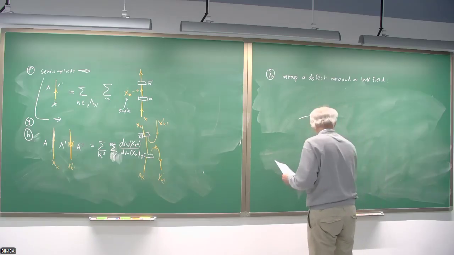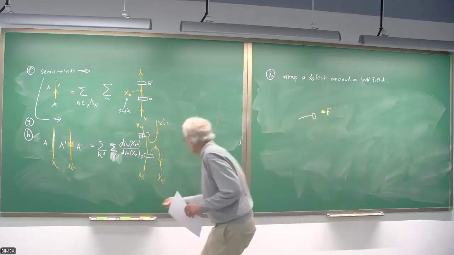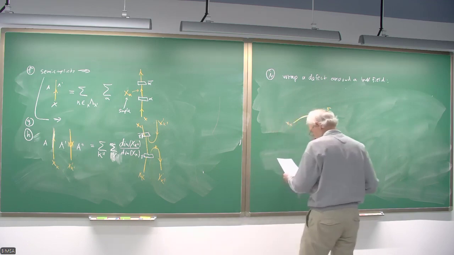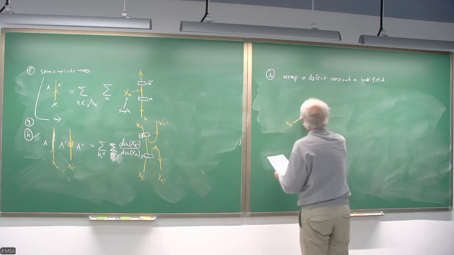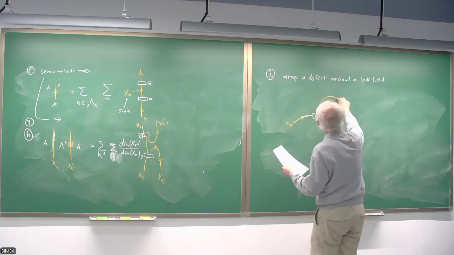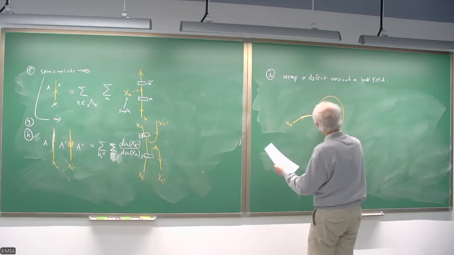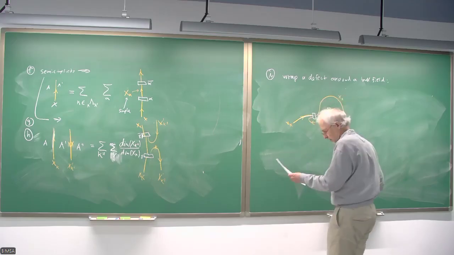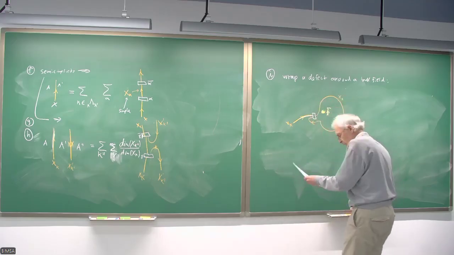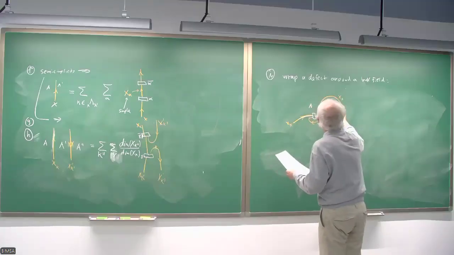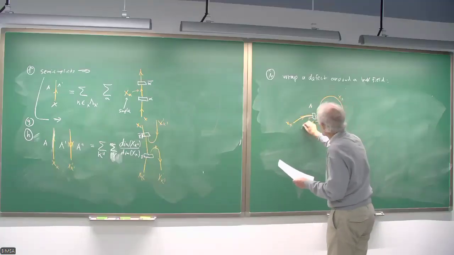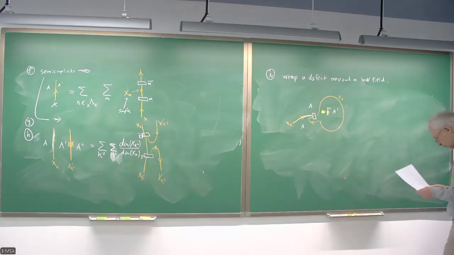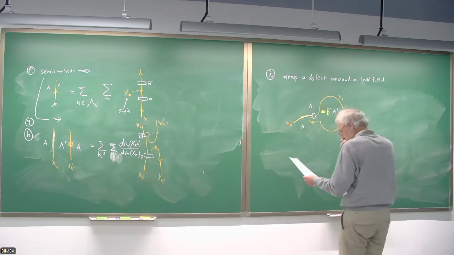And then we can look at the situation that we have some defect line here and some other defect line which goes around like that. Let's say this is an A A defect, and here we have an A prime defect.